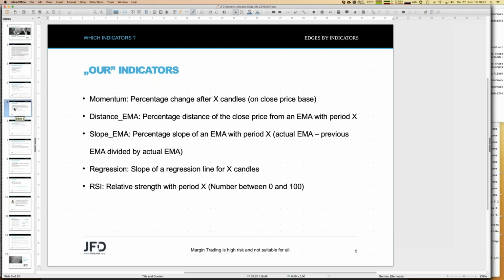We have an actual EMA value, and then we have an EMA value one candle before, so the previous EMA value, and we just calculate the difference and then divide it by the actual EMA value. So then we have a slope.